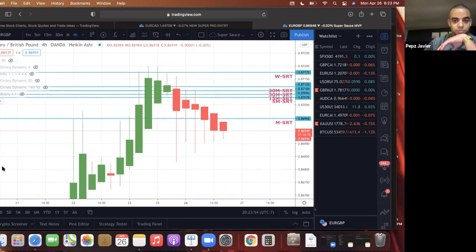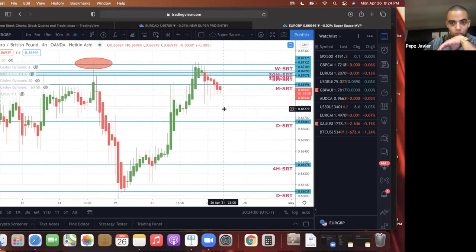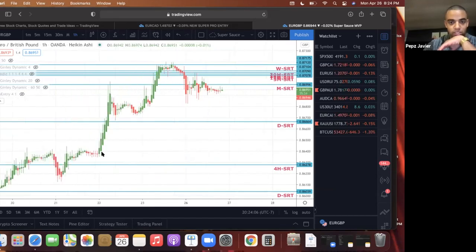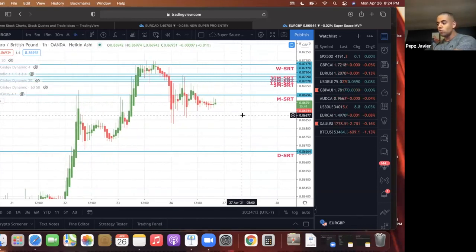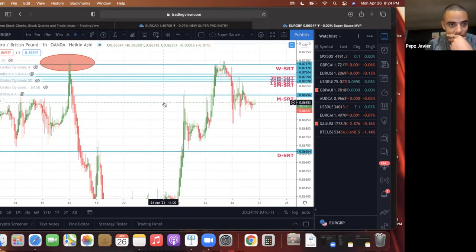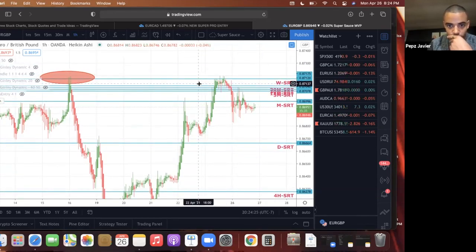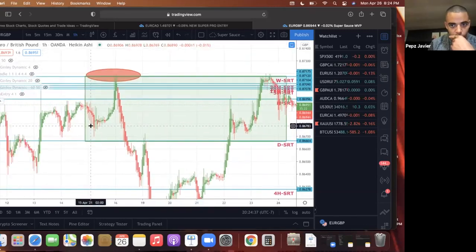So let me just throw on the drawing tools again. Because of this, let's get into the 1 hour for a quick second, because there's a few things about reversals that are very important, right? Let me just identify a good zone to stay in, that may not be so large. Good zone.